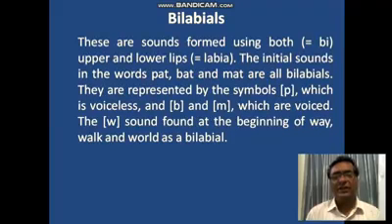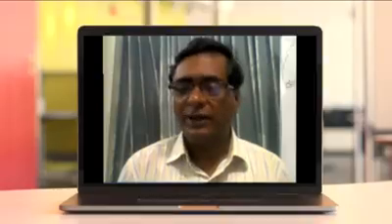The initial sounds in the words pat, bat, and mat are all bilabials. Now you have to also pronounce with me. Look at the sound that comes at the initial stage of the word pat, paw, baw, maw. These are all bilabial sounds. Why are they bilabial?